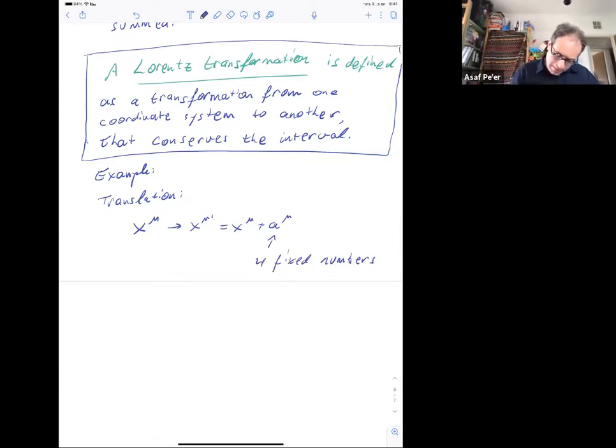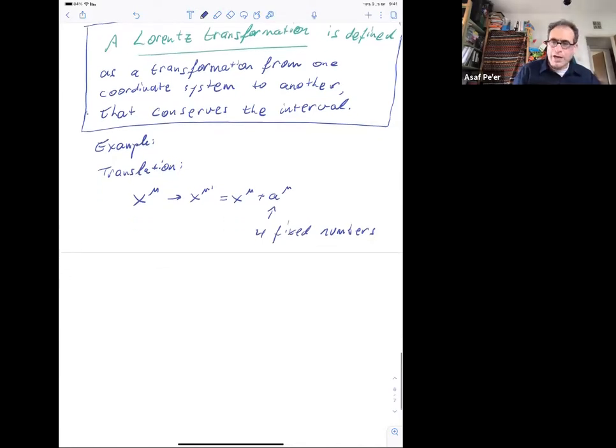Just a small note about notation. I put x mu prime and not x prime mu, because x2 is y. So if I want to say y prime, I write x2 prime. That's why I put the prime here.